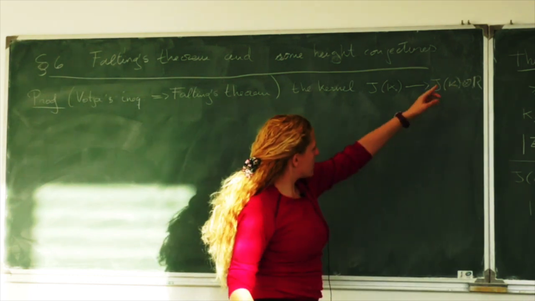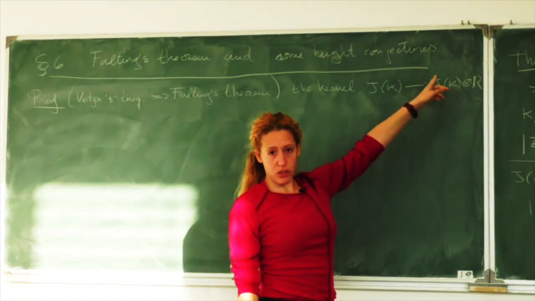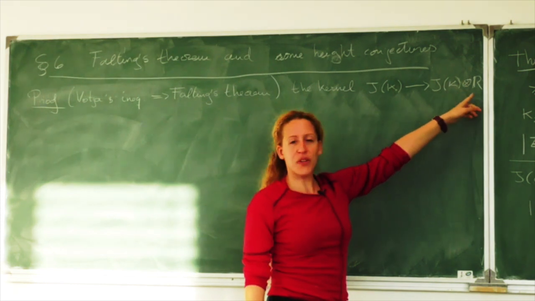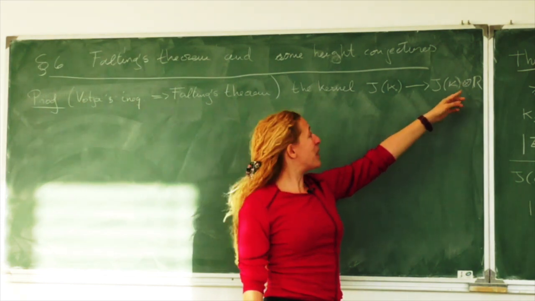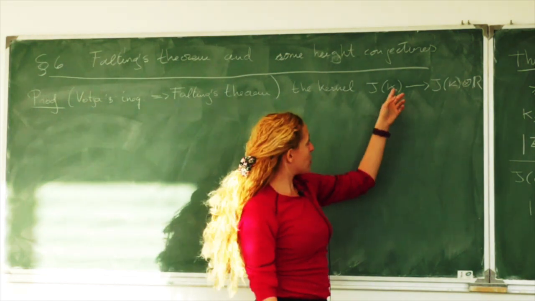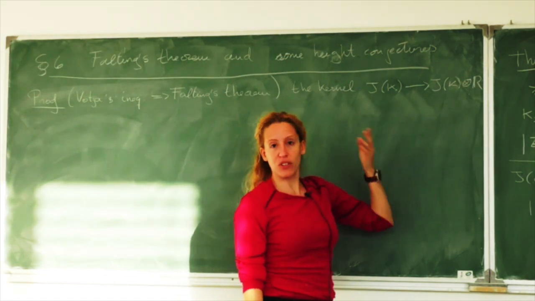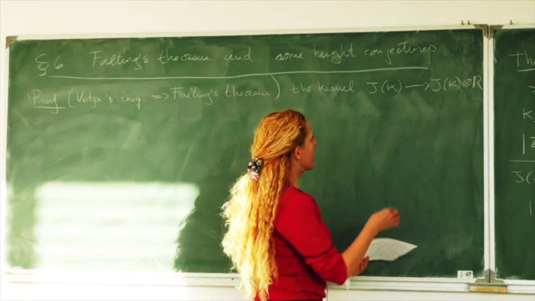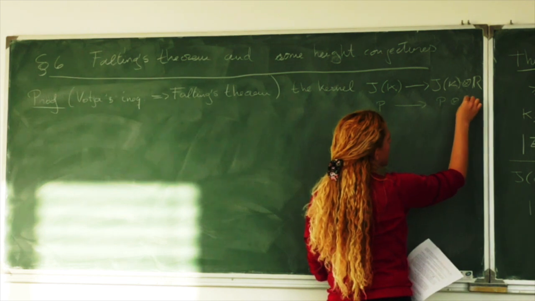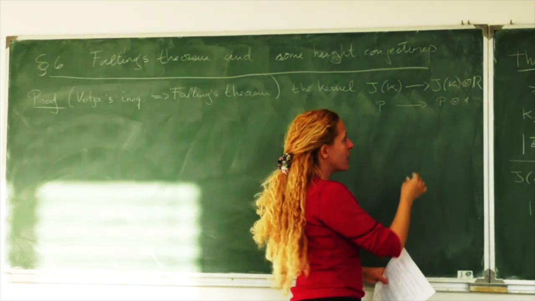So what is this? Those are the K-rational points of the Jacobian, but I'm doing the tensor product with the reals. So basically, what is the kernel of this map? The torsion points. Because if a point, for instance, 3 times the point is equal to 0, then this point goes to P tensor 1, right?